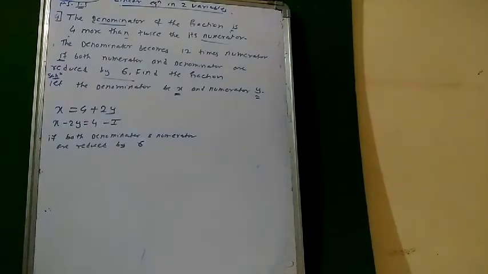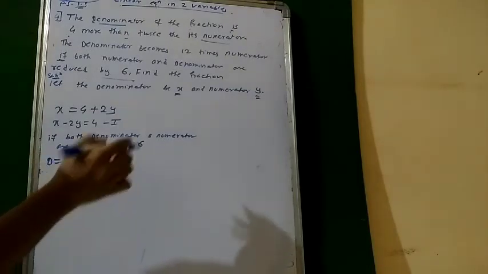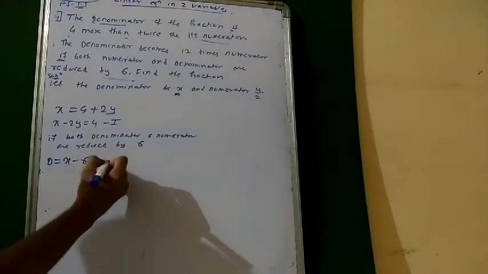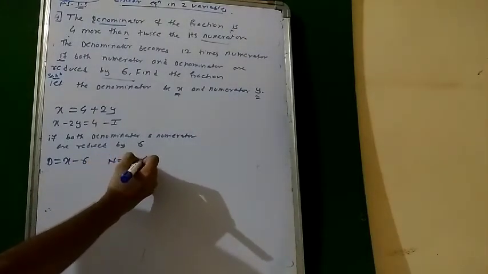If both are reduced by 6, then the denominator will become, what is the denominator right now? x. If it is reduced by 6, it will become x minus 6, and the numerator will become y minus 6.